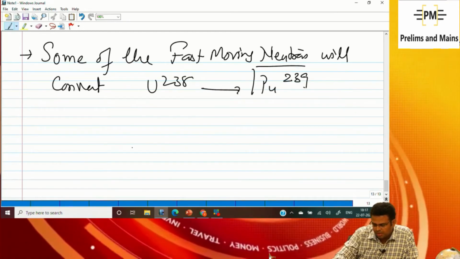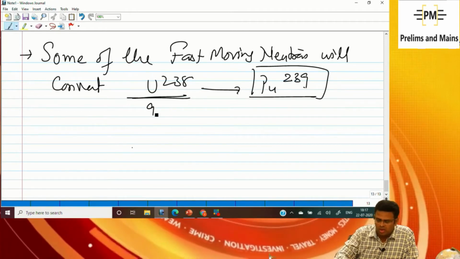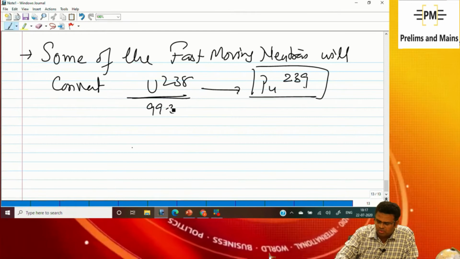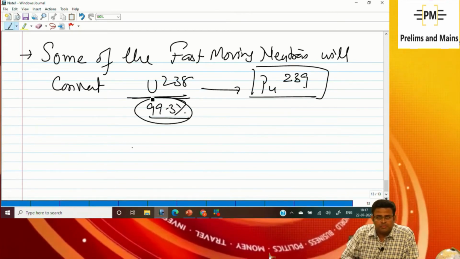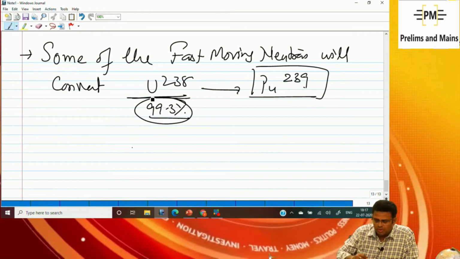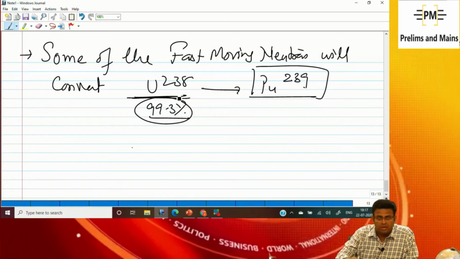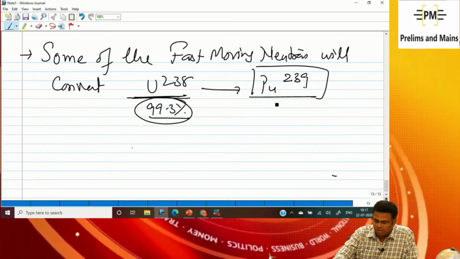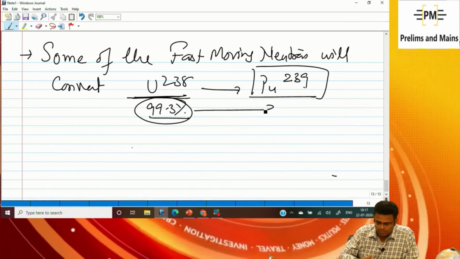And you know that in natural uranium, uranium-238 will be 99.3%, and it will convert into plutonium-239. Clear?